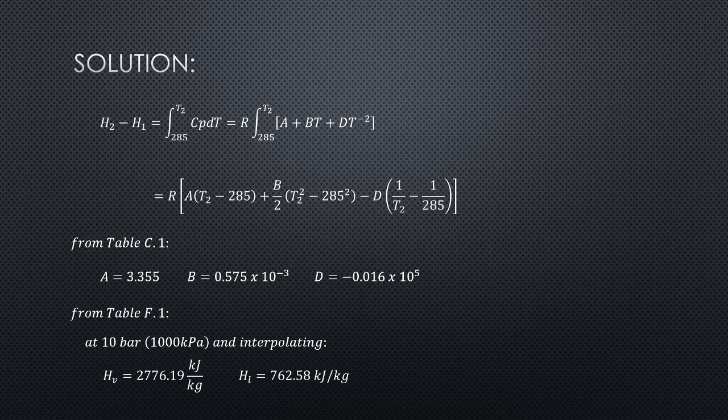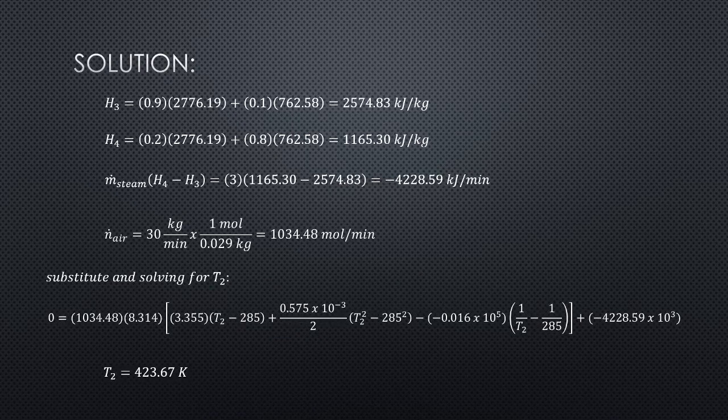And also, from table F.1, at 10 bar or 1000 kilopascals, we interpolate and then we get the enthalpy of the saturated vapor, that is 2776.19 kilojoules per kilogram, and the enthalpy for the saturated liquid, that is 762.58 kilojoules per kilogram. Since we obtained the enthalpy of the saturated vapor and the saturated liquid, we just make use of the definition of the quality of the vapor.